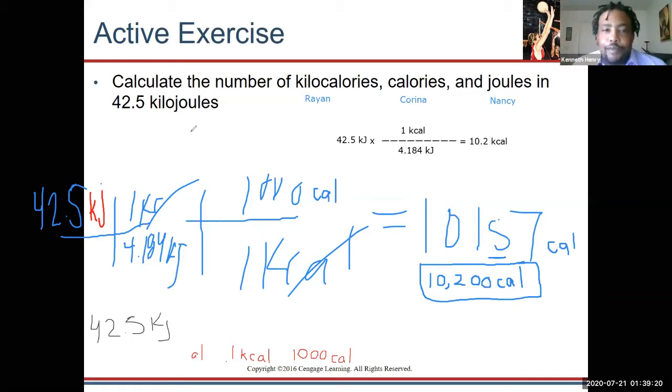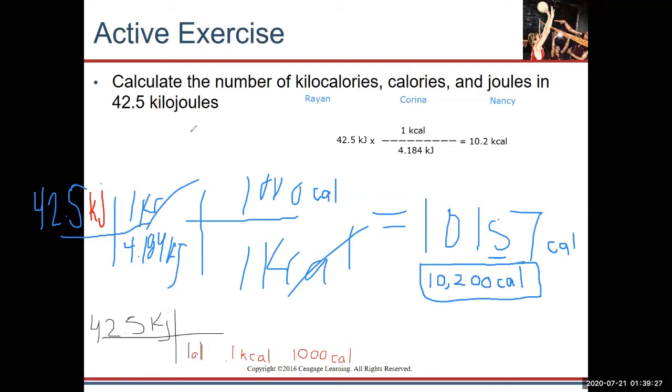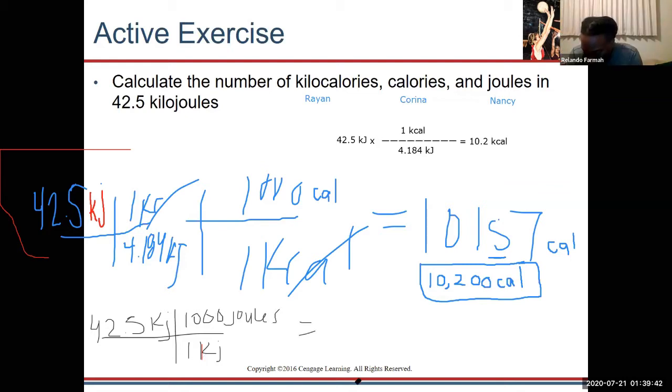Yeah, that's all this is dimensional analysis. Like this part, the second one that you did, you would use that, but afterwards you would add another one, and you would put 1 calorie is equal to 4.184 joules. Would you do that?